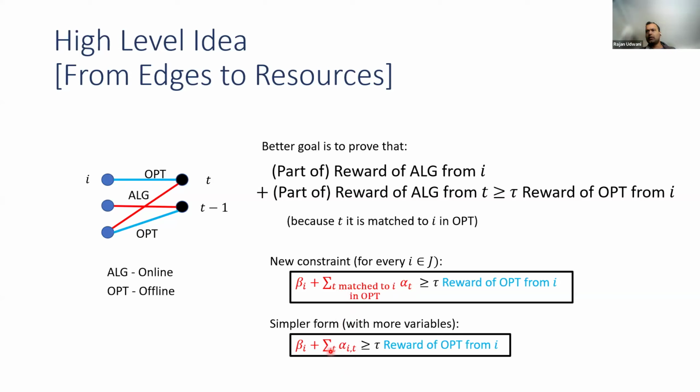I'll introduce this more formally in a bit, but this hopefully gives you some sense of how we'll end up arriving at the LP-free framework. So the goal here is that in both of these constraints, we have a way to try to cover each resource as opposed to each edge. Okay. So before I go into the notation and the formal framework, let me just pause here to see if anybody has questions about the high-level intuition.